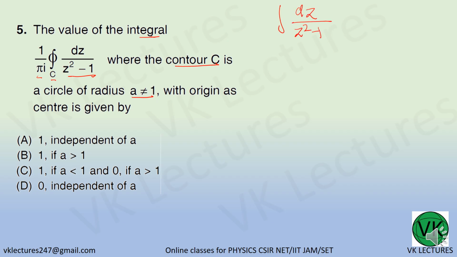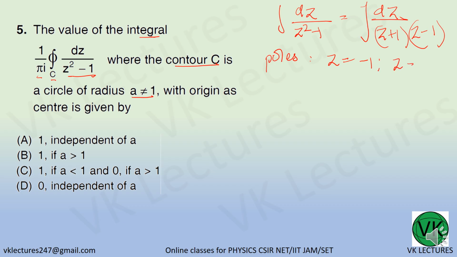This we can write as the integral dz divided by z plus 1 into z minus 1. Now from here we can write the poles. What are the poles? z equal to minus 1 and z equal to plus 1. z equal to minus 1 from this and z equal to plus 1 from this. Okay, now we got the poles.